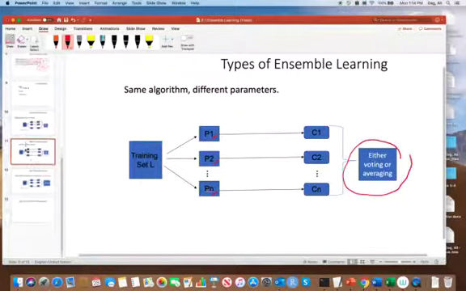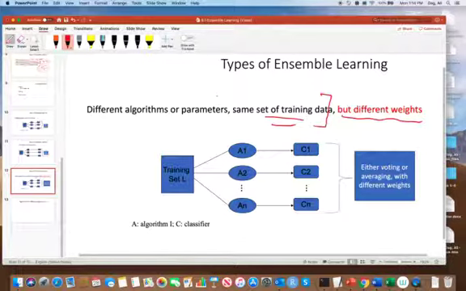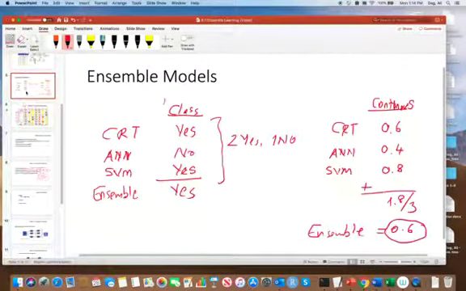The very last slide is different algorithms or parameters. It doesn't matter at this point, but again the same set of training data. Everything is the same up to this point, but with different weights. What does that mean? Let's say we are using ANN again, or a decision tree in this example, right? Yes, no, yes, or continuous outcome 0.6, 0.4, 0.8, whatsoever.